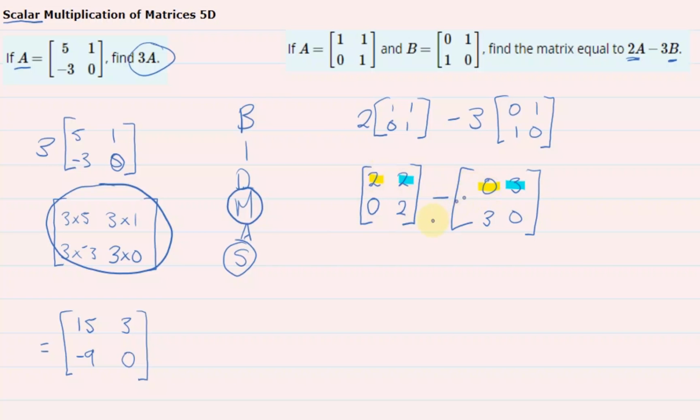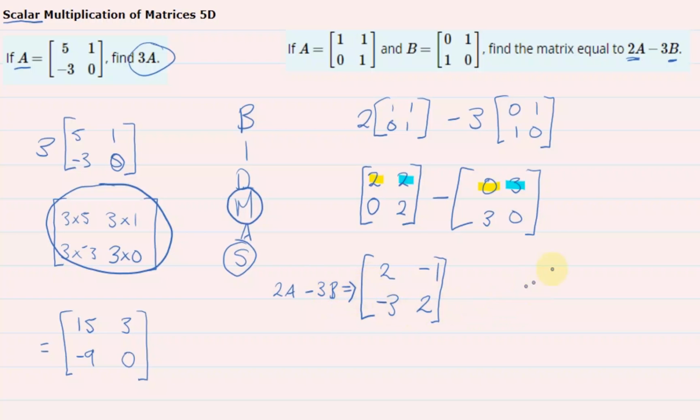Once we do that, 2 take 0 is 2. 2 take 3 is -1. 0 take 3 is -3. And 2 take 0 is 2. And that is 2A minus 3B for the result of that.